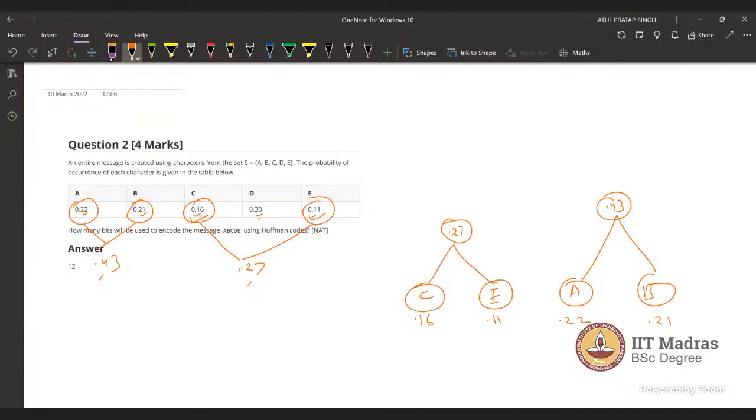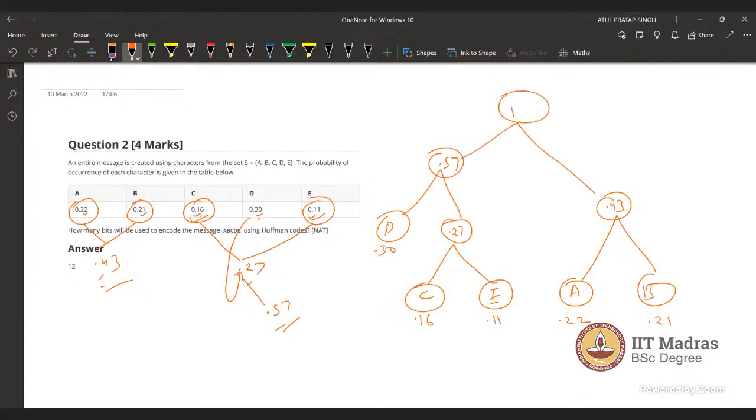So the next two are 0.27 and D, 0.30, which come to 0.57. So after adding this, we get 0.57. So now we have 0.43 and 0.57, which makes 1. Okay, now the Huffman tree is created.